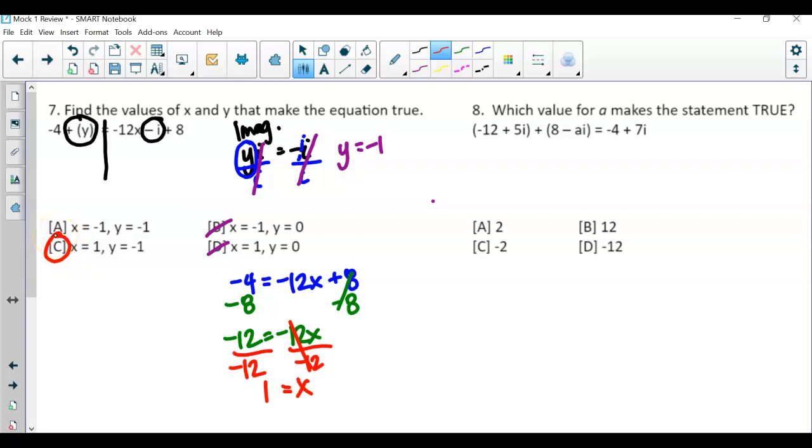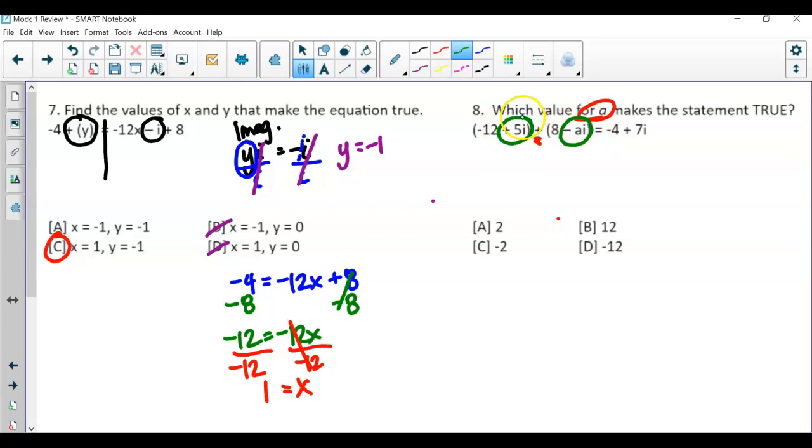Then question number 8. Now this one we're looking to see what value makes a true. Looking back here, first off, notice how we're adding, so no need to focus on subtraction, but a is an imaginary number. So we just need to focus on the imaginary. What else besides our negative ai here is also imaginary?